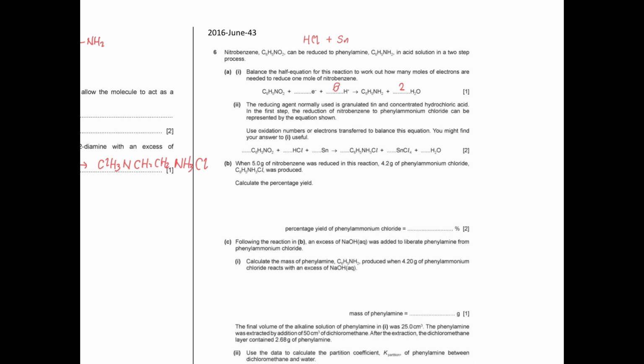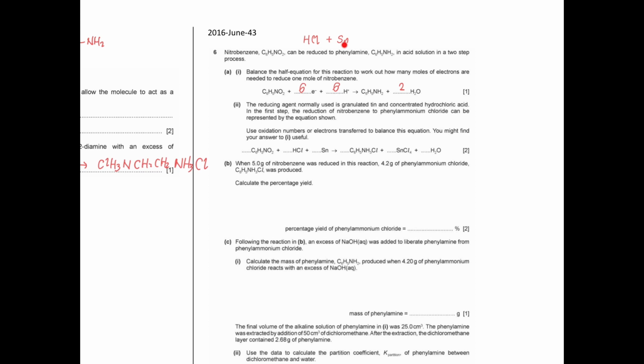Now we have to balance the charge. As you can see, the right hand side is all neutral, no charge. The left hand side has 6H+, which is positively charged, so I need 6 electrons to balance the charge. The reducing agent normally used is granulated tin.